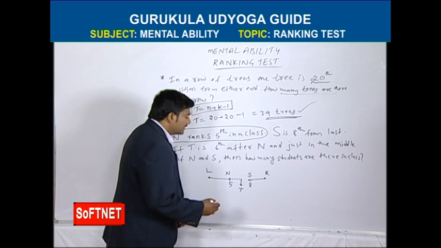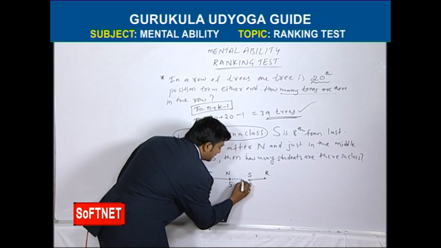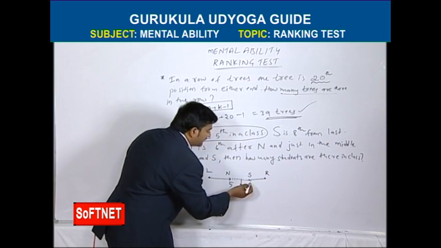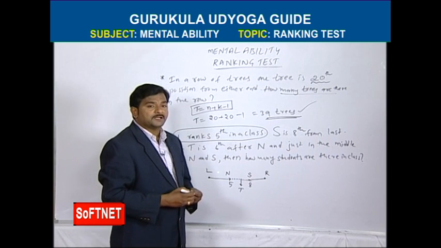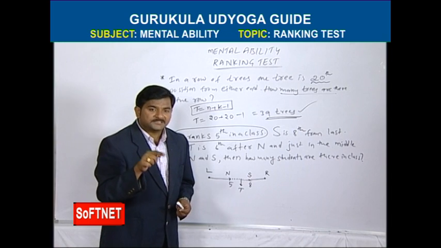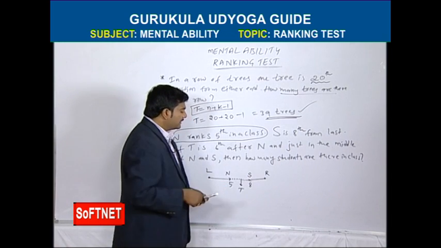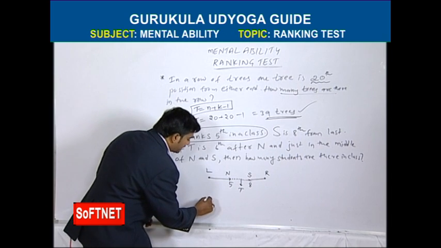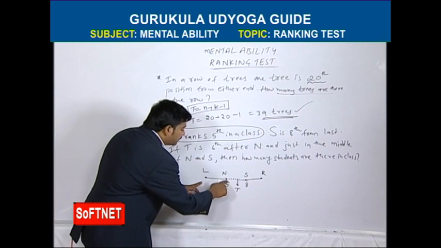Obviously 5 members. If there are 5 members in between N and T, there must be 5 members in between S and T also, because he mentioned that T is exactly in between N and S.